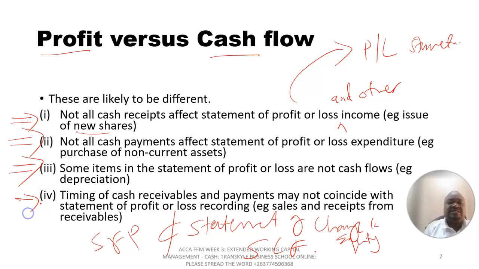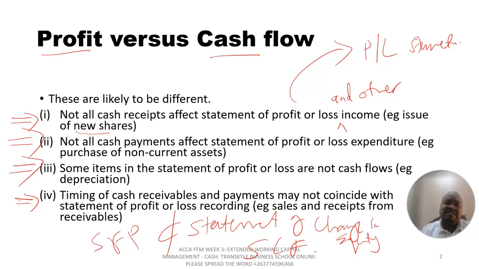All right, lastly, there is this difference. The timing of cash receivables and payments may not coincide with statement of profit or loss recording. For example, sales and receipts from receivables. All right, we are simply saying that when we are recording a sale, we record it on the date of the sale, but the payment for that sale might be sometime later.